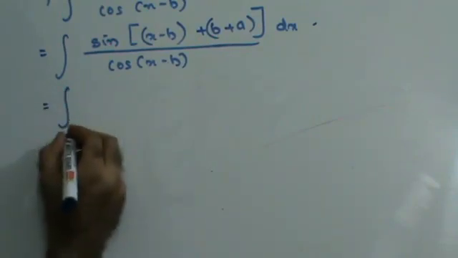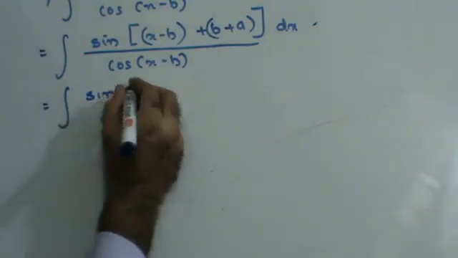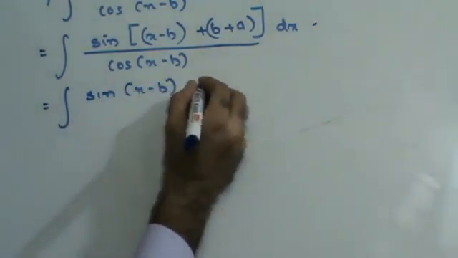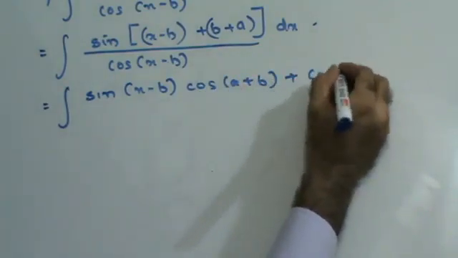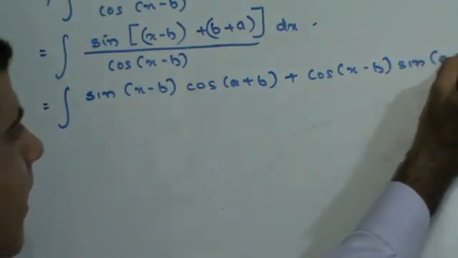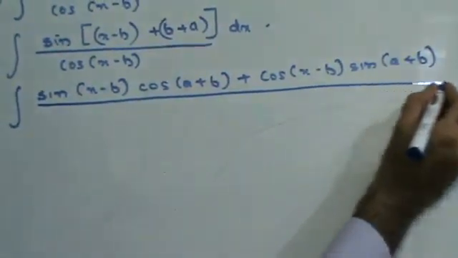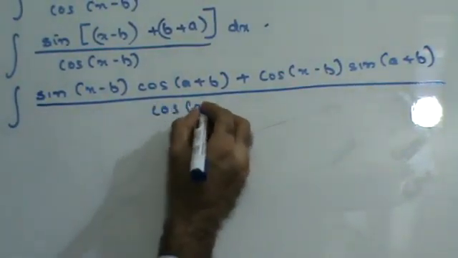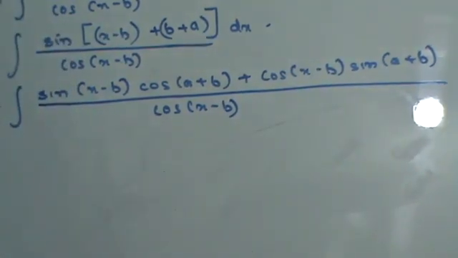I can expand this by using the addition formula. Sin(a plus b) is sin a cos b plus cos a sin b, upon cos(x minus b) dx, right?